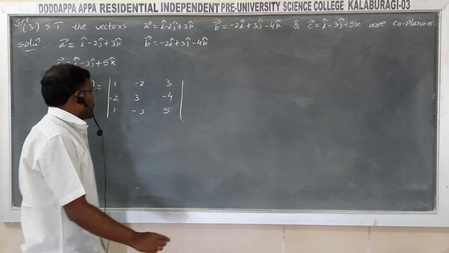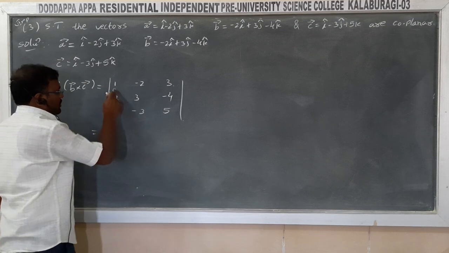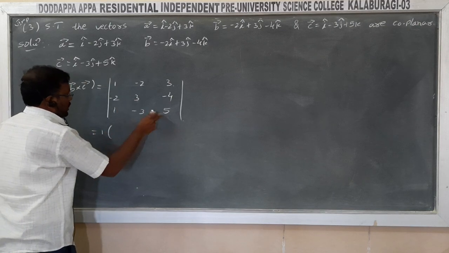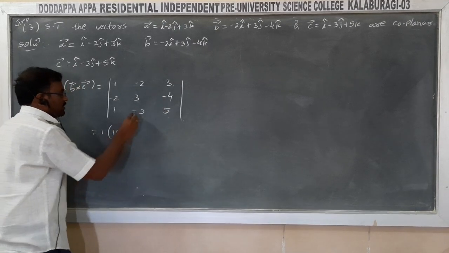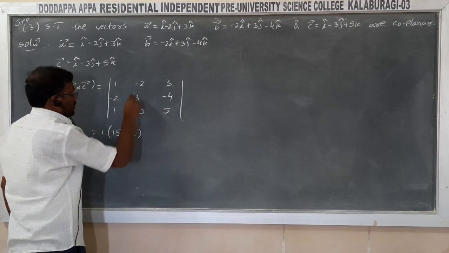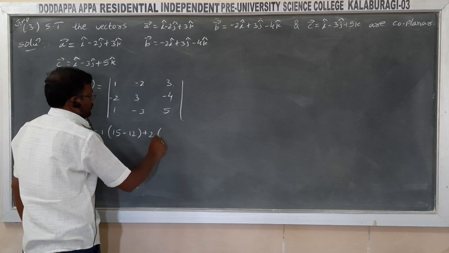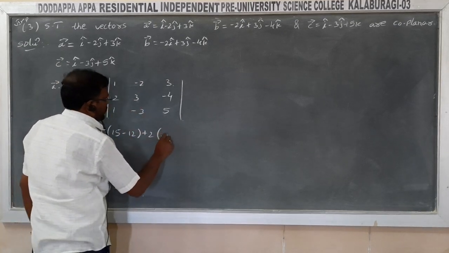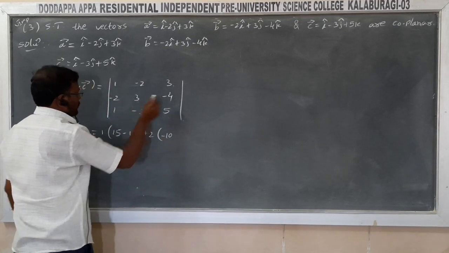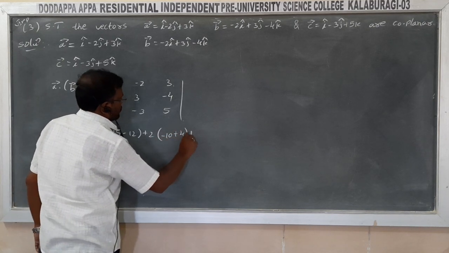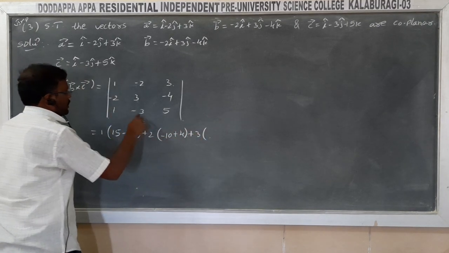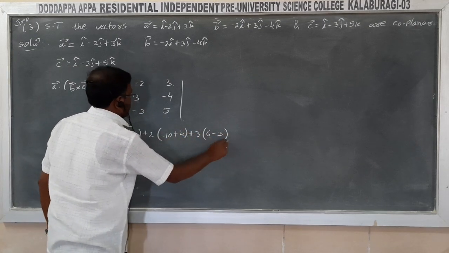Now you can expand 1 of 3 into 5 is 15, minus into minus plus, plus into minus minus, 3 4s are 12, minus into minus plus, 2 of minus 10, minus into plus into minus minus, minus into minus plus 4, plus 3 of 6 minus 3.